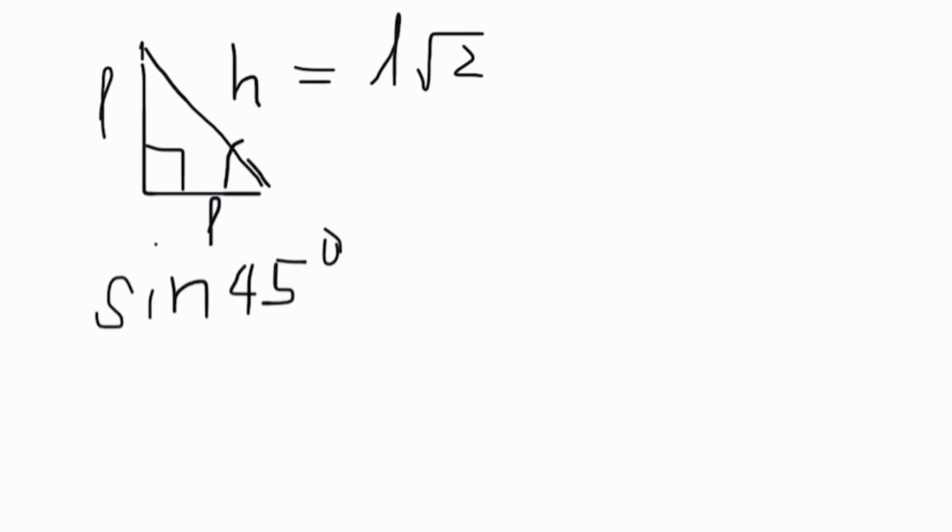So, sine of 45 degrees is opposite, which is L, over the hypotenuse, which is L times the square root of 2. Cancel, cancel. Then our answer here will be 1 over square root of 2.